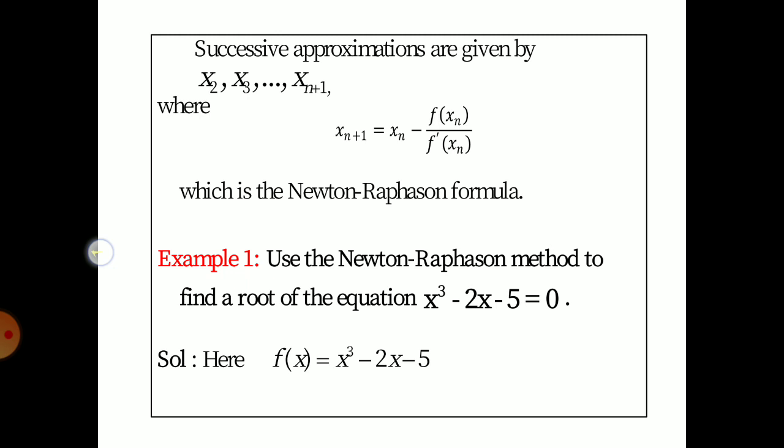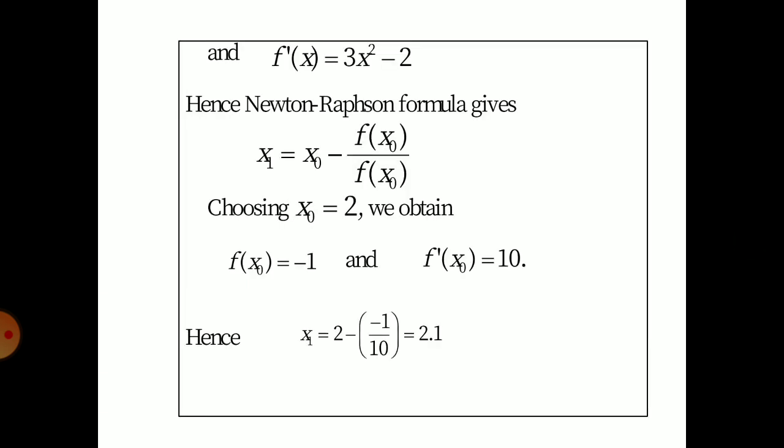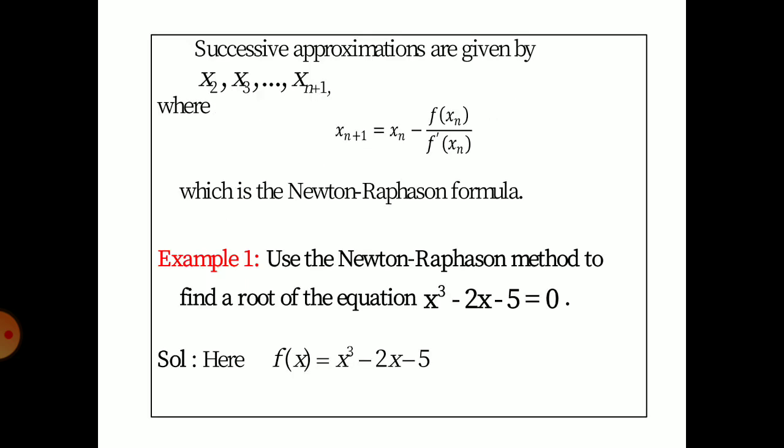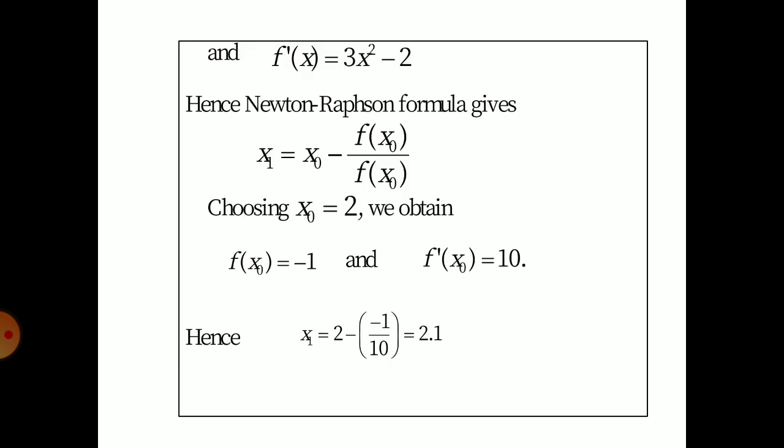Now consider f of x equal to x cube minus 2x minus 5, and we require the derivative, therefore find f dash. The derivative is f dash of x equals 3x square minus 2, as I have mentioned here.